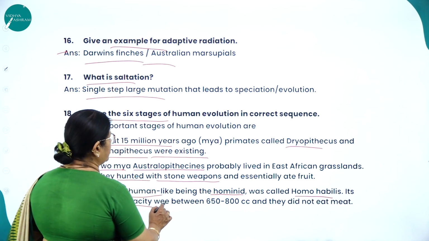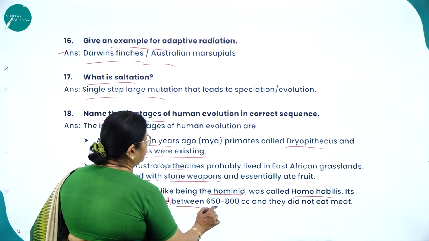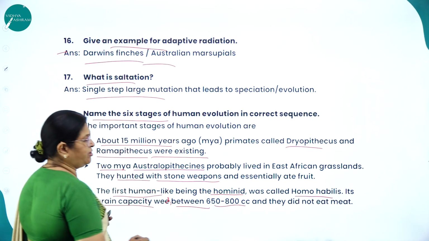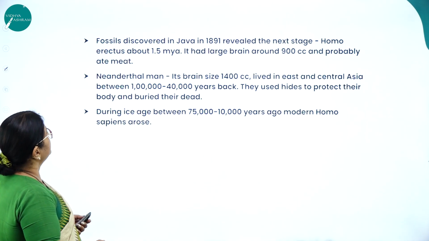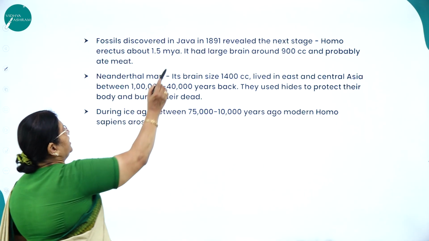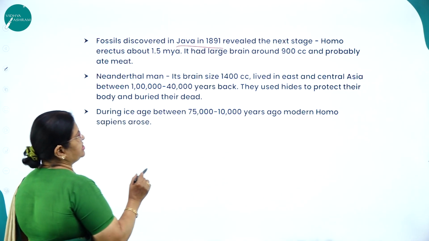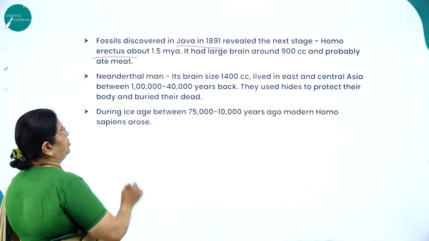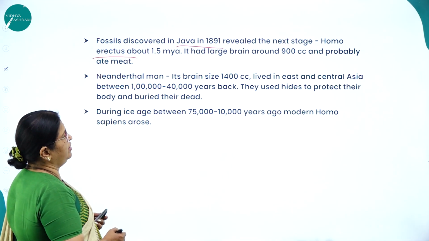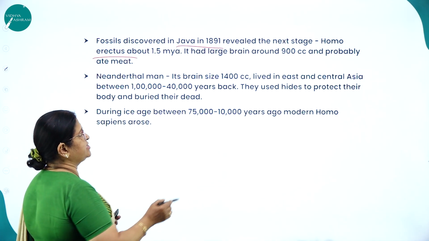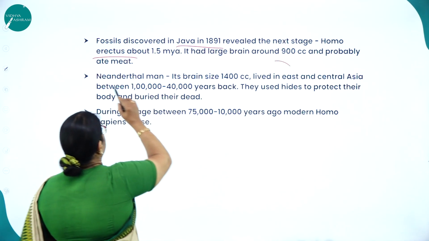Its brain capacity was between 650 to 800 cc and they did not eat meat. Then fossils discovered in Java in 1891 revealed the next stage, Homo erectus, about 1.5 million years ago. It had a large brain, around 900 cc brain capacity.